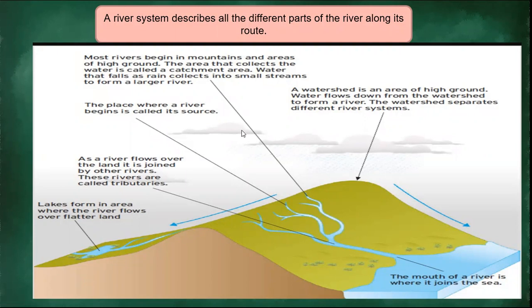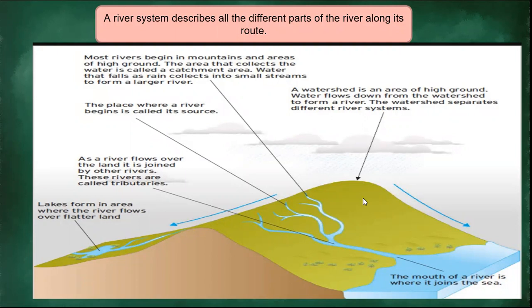Oh, here. On your right hand side. A watershed is an area of high ground. Water flows down from the watershed to form a river. The watershed separates different river systems.